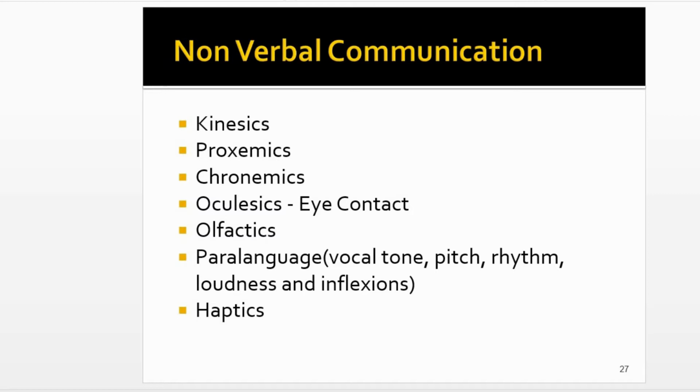And haptics is the communication with respect to touch. So we can see that nowadays even young children who are going to kindergarten are taught what is meant by good touch and what is meant by bad touch. Touch can be used for appreciating someone, and touch can be used negatively as well.